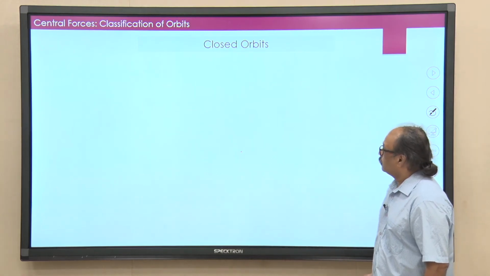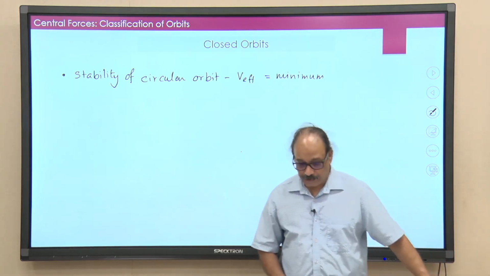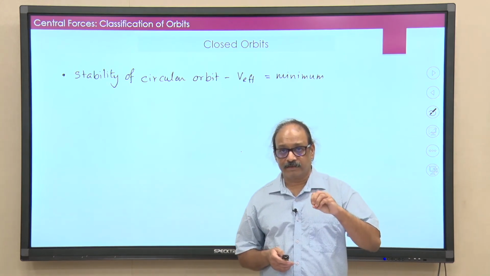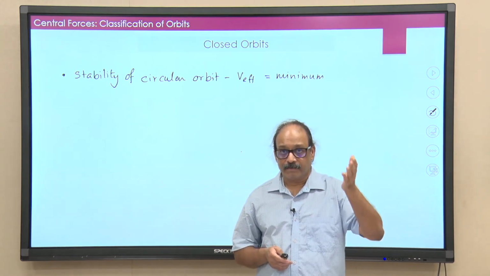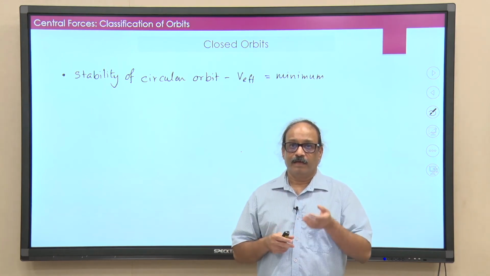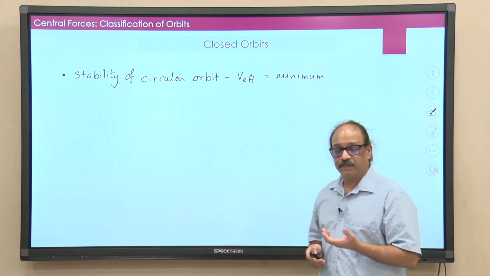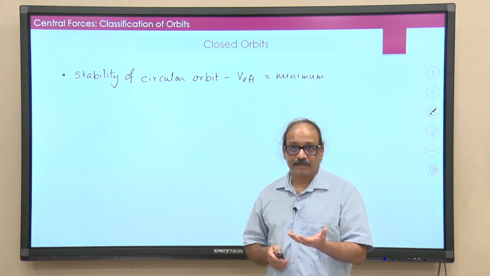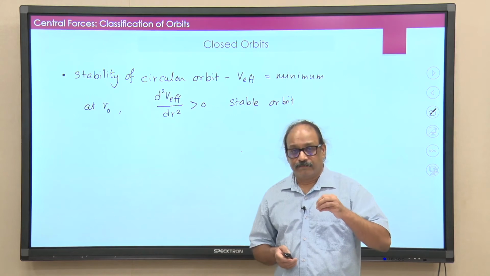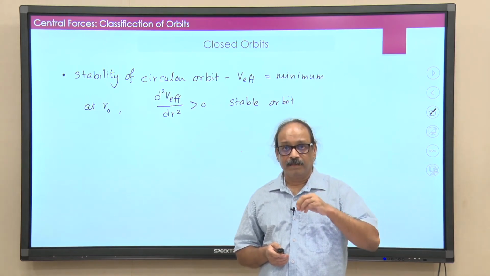Okay. Now, for the circular orbit, we saw two cases there. One was with the inverse square law, where you get a minimum in the potential, and the inverse cube law in which you get a maximum, and which one of these two would be a stable orbit? By stable, what we mean is when I disturb that particle a little bit from the circular orbit.